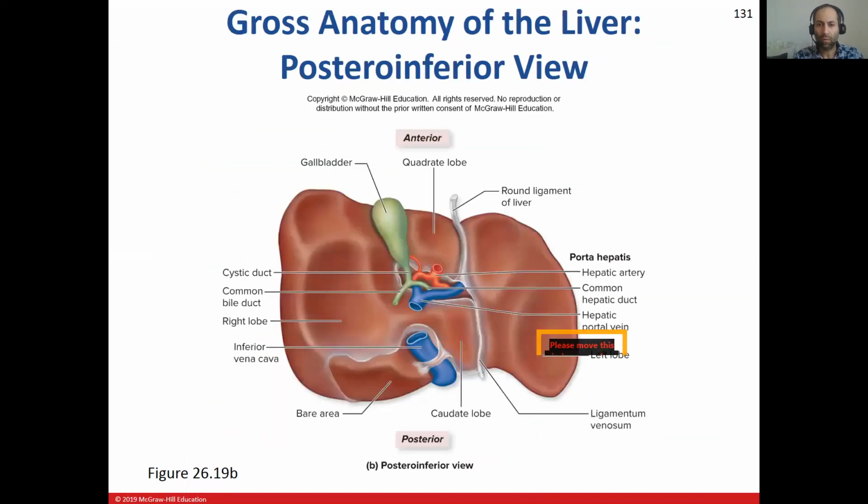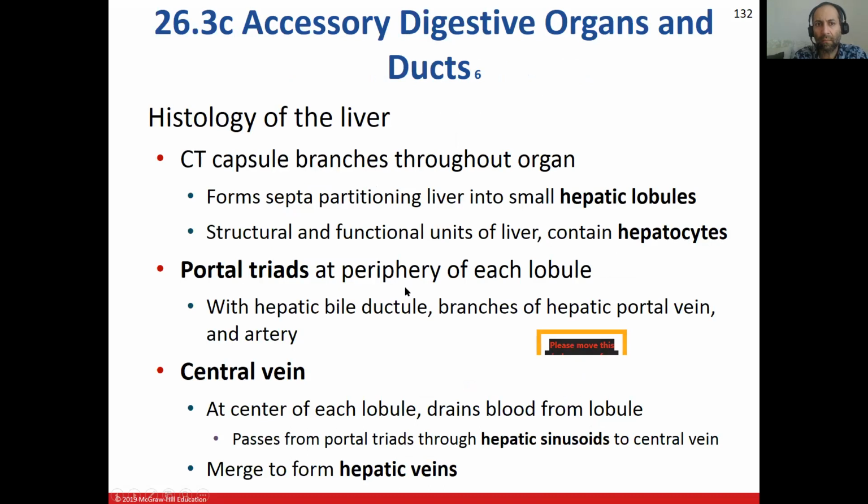So here, yeah, we were at this picture before the system went out, and you're looking at the two lobes, the right and the left lobe on the inferior side of the liver, the quadrate lobe at the top, and then the caudate lobe at the bottom, as we see here, the inferior vena cava, the gallbladder itself, and then the porta hepatis, which is the area containing these three structures, the hepatic artery, the hepatic portal vein, and then the common hepatic duct all together, okay?